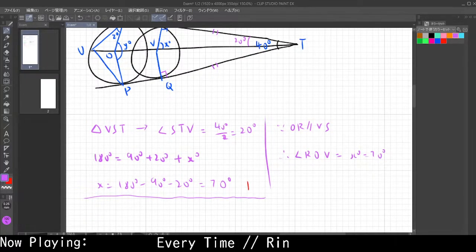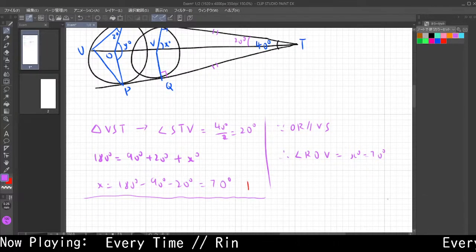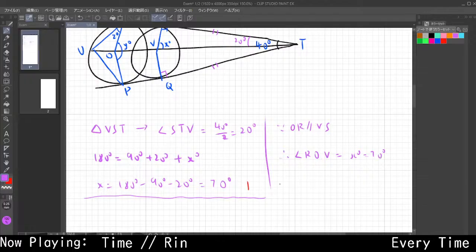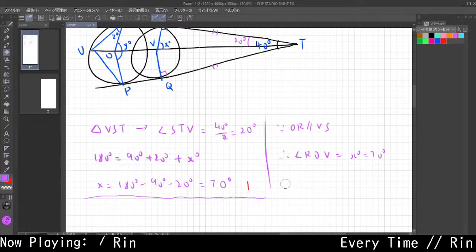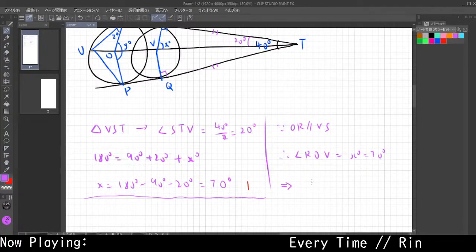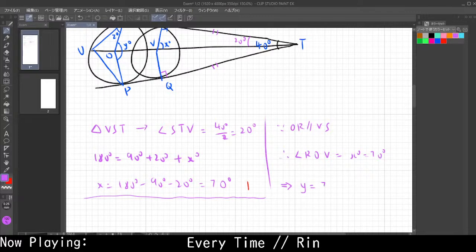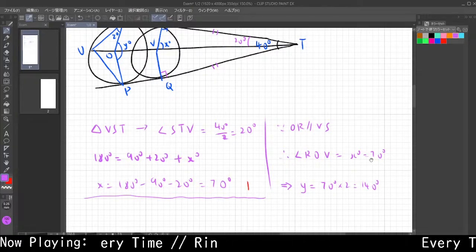Okay, so this is 1 mark. Then y is basically the entire thing, so y equals x times 2, so 70 times 2. Therefore you get 140. Okay, that's basically it.